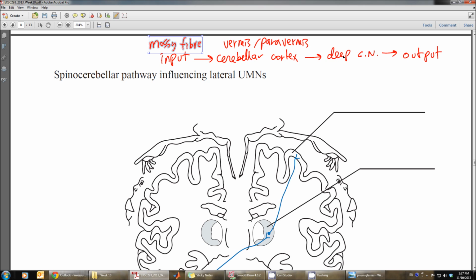And the deep cerebellar nucleus is the fastigial nucleus or interposed nucleus. And the output is to the upper motor neurons.